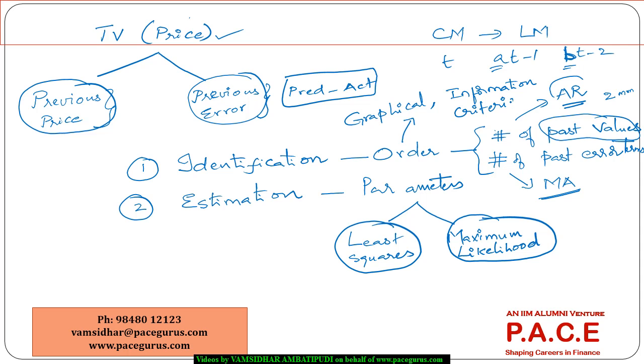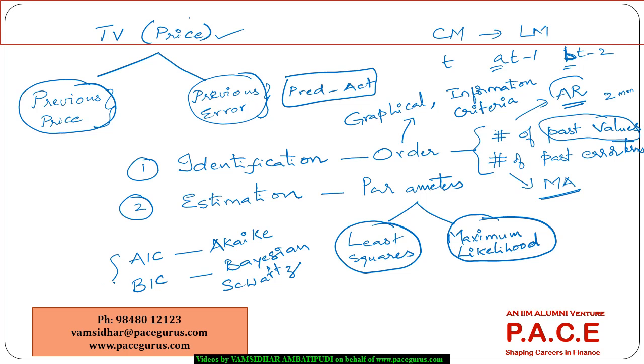Two major information criteria: AIC, which is Akaike's information criteria, and BIC, which is Bayesian information criteria, or the same thing is called Schwarz information criteria.